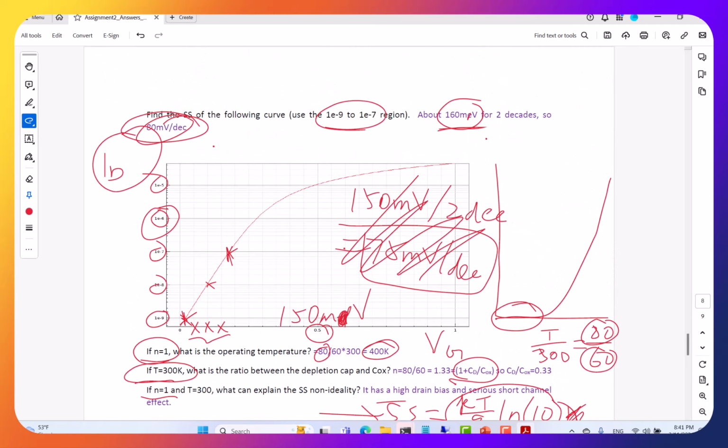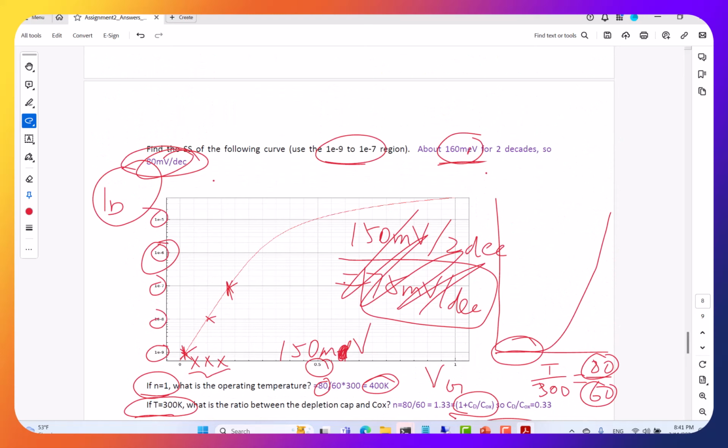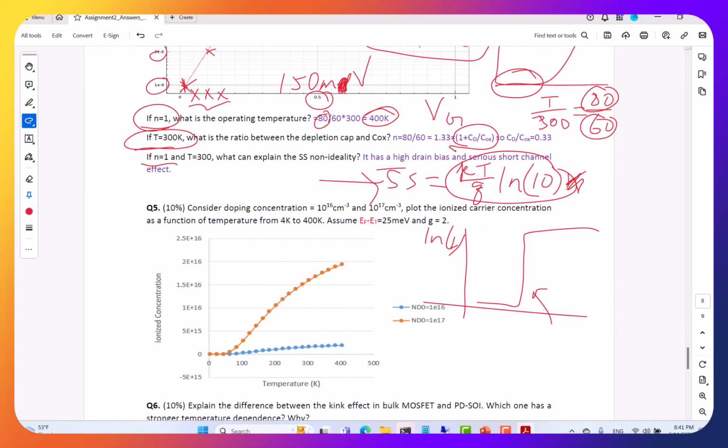Ask yourself. In order to increase 1 decade, how much voltage you need to shift, right? So here, to increase 1 decade, how much voltage I need to shift? 0. So you both are right. Now you can challenge me, say, oh, this is not subthreshold slope, this is subthreshold swing, like what the reviewer want to say. But you all understand, very good, right?